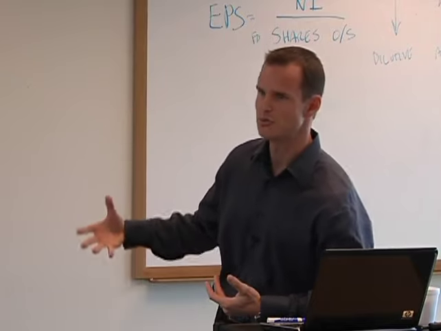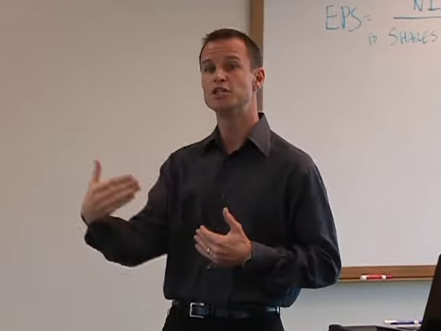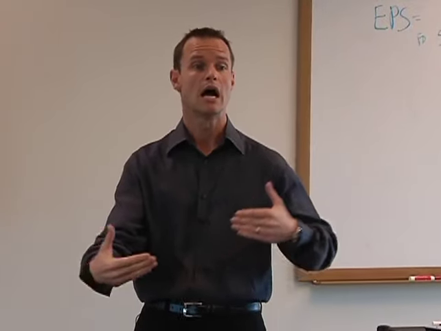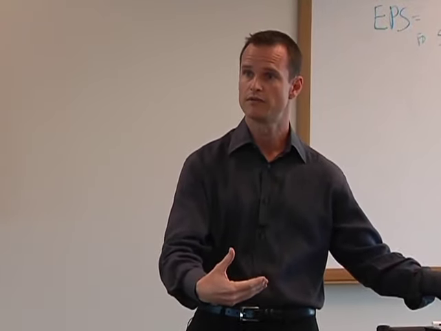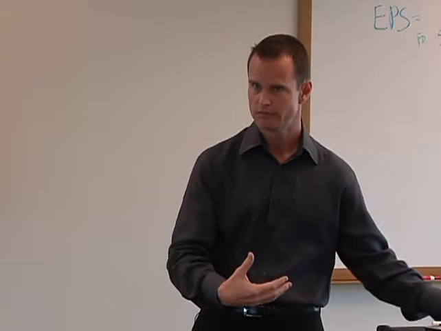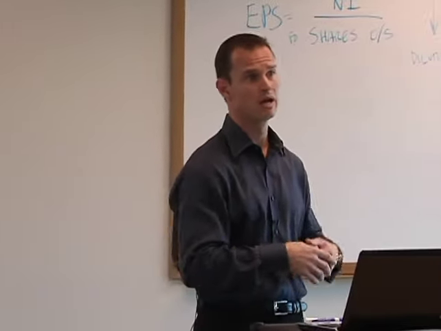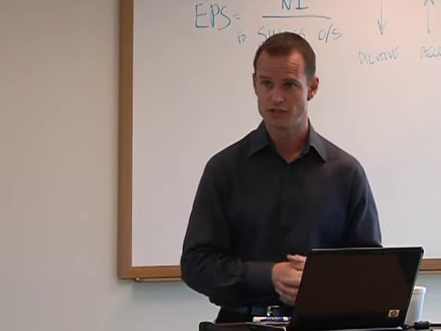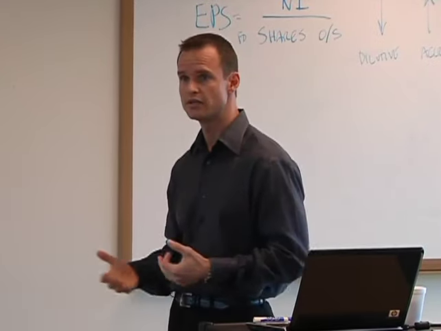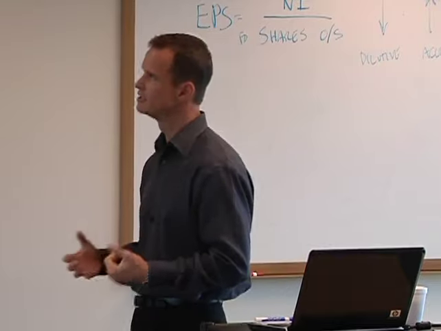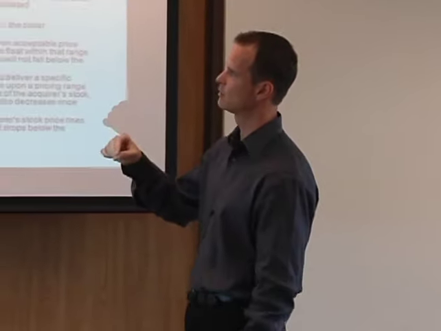The exchange ratio basically says for every share of the seller's stock, how many shares of the buyer's stock are being offered. Sometimes it's maybe 1 share, typically it's a fraction of a share: a half a share, 0.67 shares, 1.5 shares, etc. We're going to teach you how to calculate that in connection with our hypothetical deal.